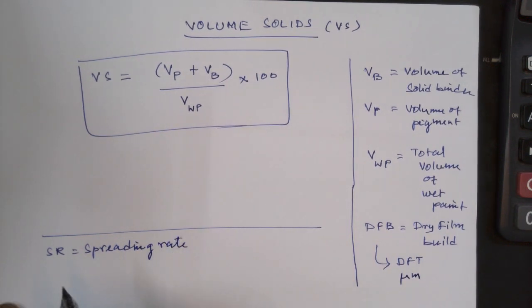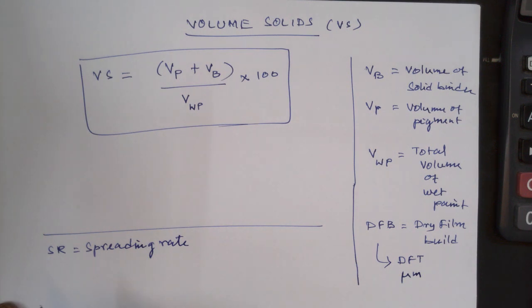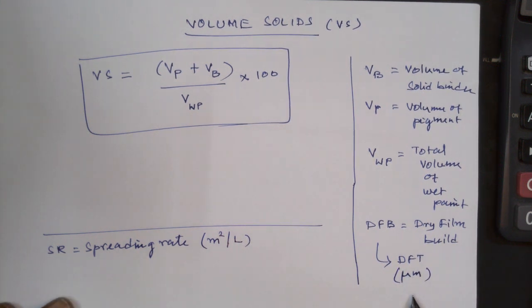This is usually given in terms of square meters per liter. So this is the required unit. Micron means 10 power minus 6 meter, that is the thickness of the film build after drying.